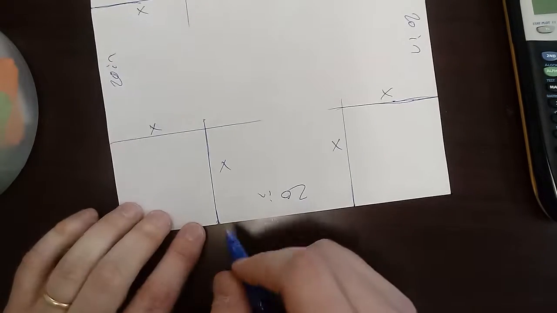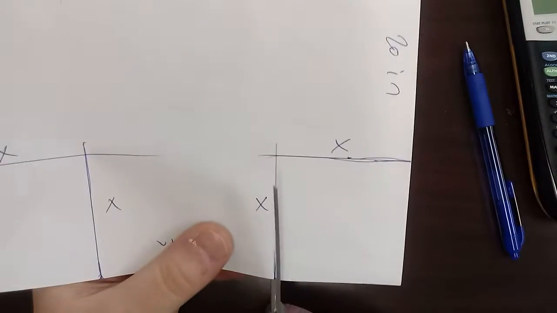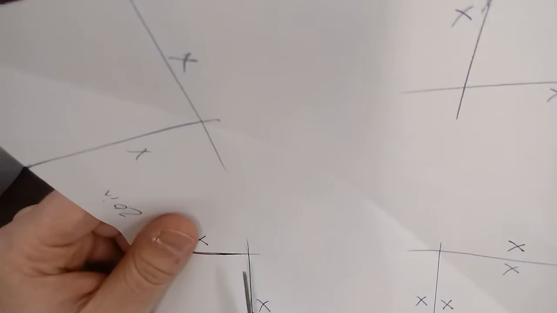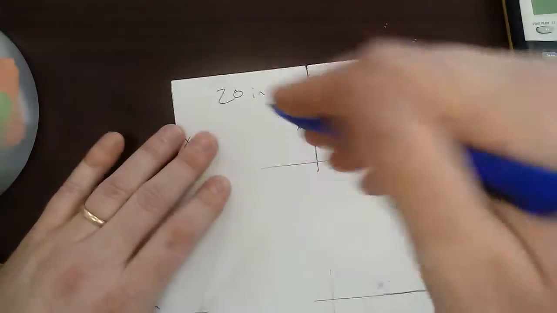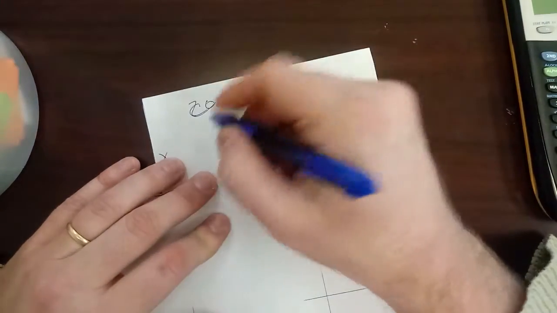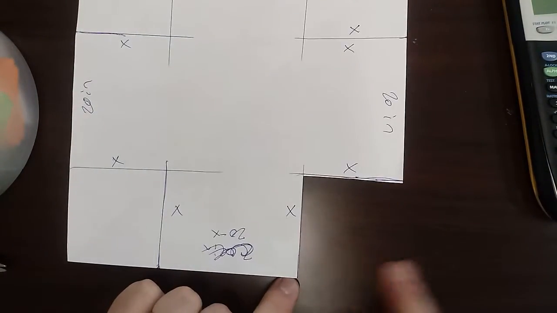This side is no longer 20. Here's what I mean. Side used to be 20. Now it's 20 minus x, because I just took x away right here.